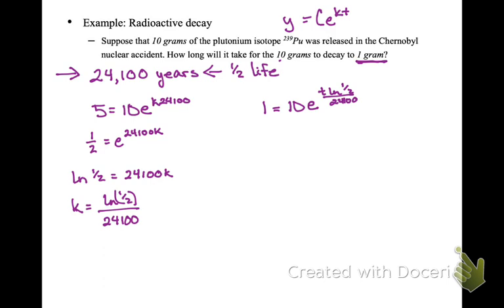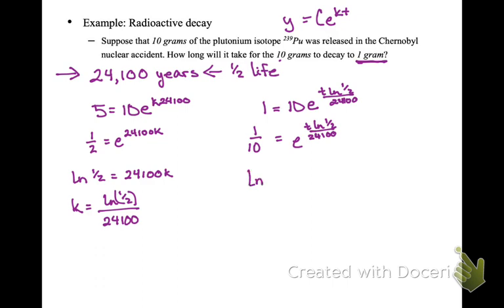So what do I need to do to solve that? Divide by 10. That's a good first step, yeah. So 1/10 equals e to the t times the natural log of 1/2 divided by 24,100. Take the natural log of both sides.